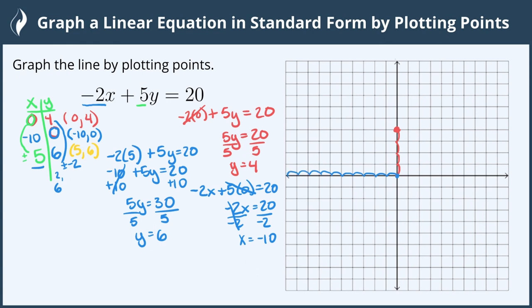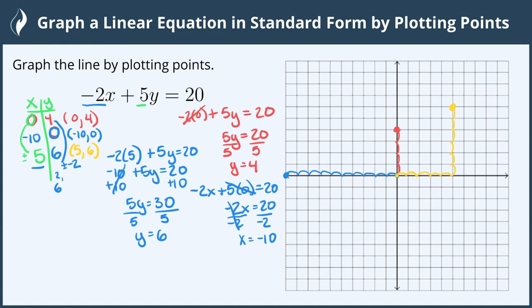There's our next point. And for our last point, we go to 5, 6. So we'll start at the origin again and move in the positive direction on the x-axis 5 units: 1, 2, 3, 4, 5. And then from here, we will move up 6 in the positive y direction: 1, 2, 3, 4, 5, 6.